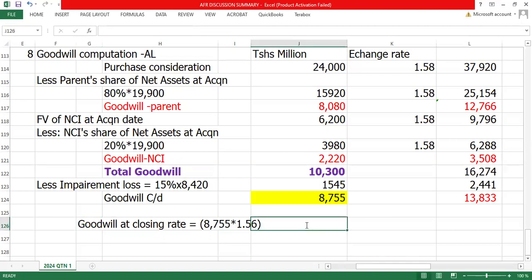The rain is coming. Let me try to finish. The goodwill should be this. Are you seeing that?